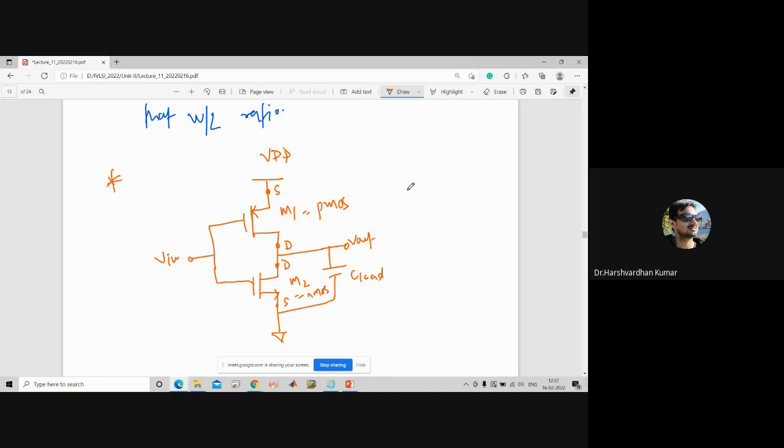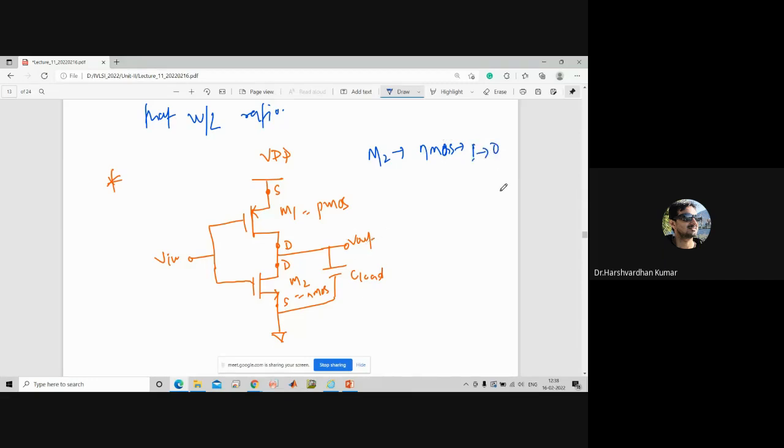So now we will see the responsibility of each transistor here. What is the responsibility of M1 and M2? If you see M2, that is NMOS, it is responsible for the transition 1 to 0, right?